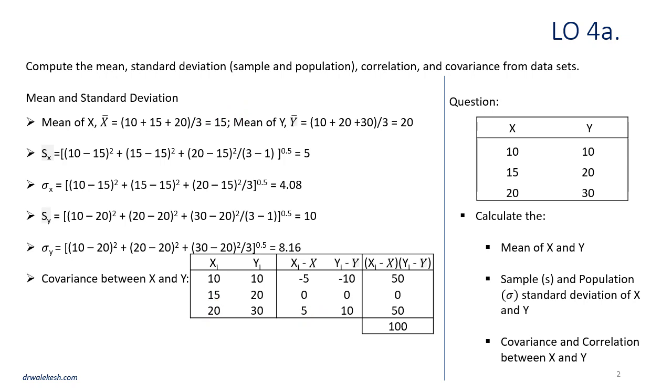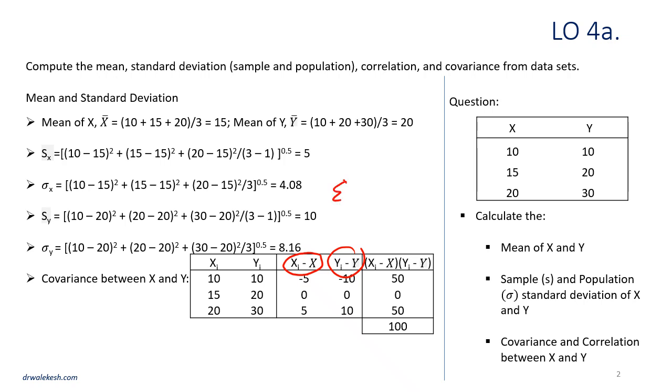For that of y, y1 is 10. 10 minus 20, that's minus 10. y2 is 20. 20 minus 20, that's 0. Then 30 minus 20 would be 10. So we need to multiply what we have here by this because that's the formula for covariance.